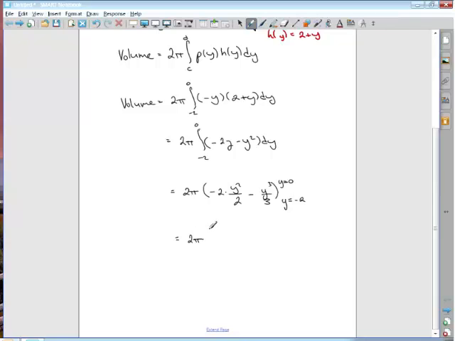And the lower limit, we're going to actually subtract. So these will become pluses when we subtract it. These 2's cancel out, so we'll have plus negative 2 squared plus negative 2 cubed over 3.